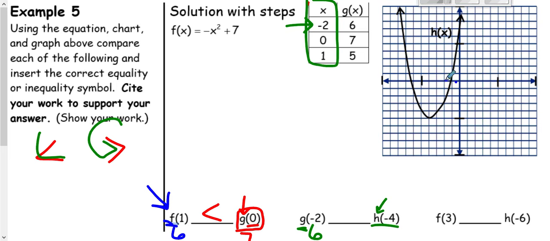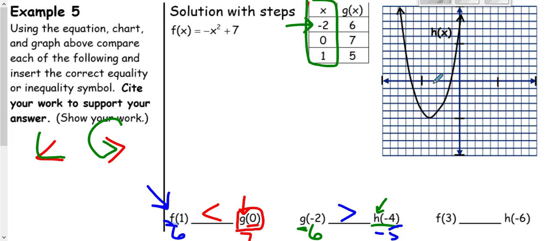So if I go over 1, 2, 3, 4, I've got to find where it hits the graph, which is right here. What's my y value? 1, 2, 3, 4, 5. So that's a negative 5. So is 6 greater than negative 5, less than negative 5, or equal to negative 5? 6 is greater than negative 5. Good job.